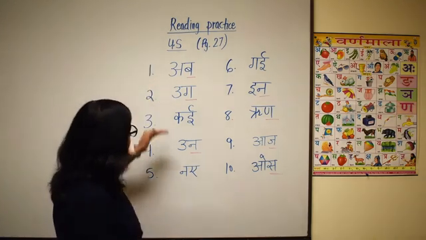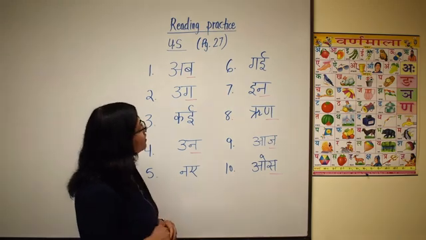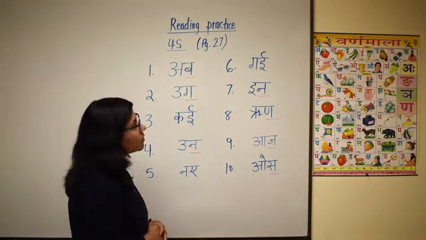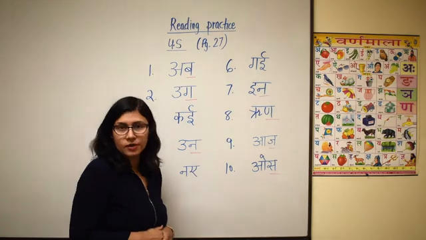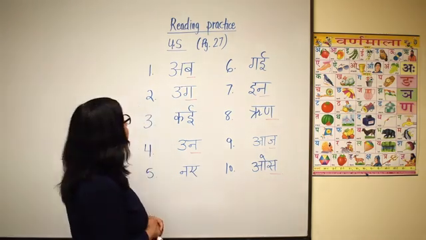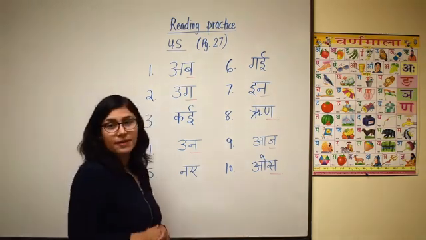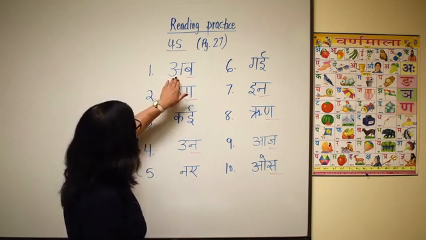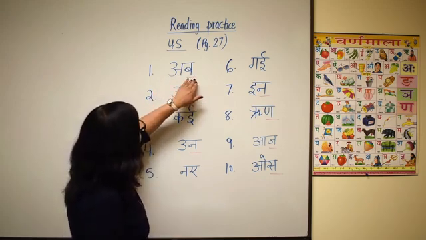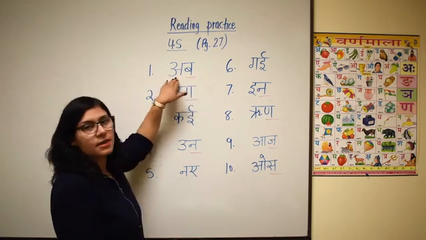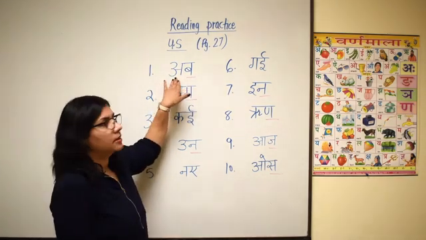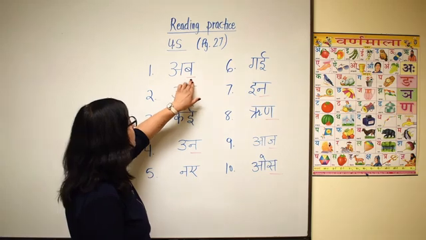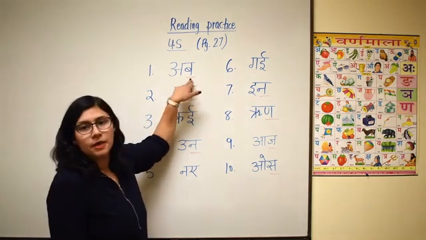Okay, we're going to try and read these two-letter words that have some of the vowels and consonants that we have learned in previous videos. Okay, so let's try to read them. So we combine the first letter with the second one. So this one is a, and then this one we learned today, b.